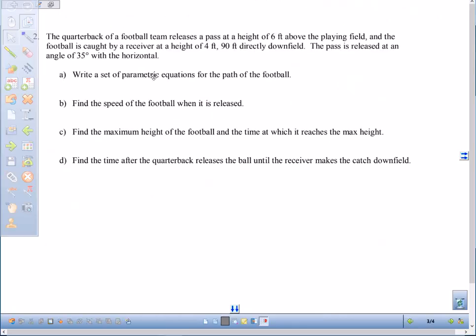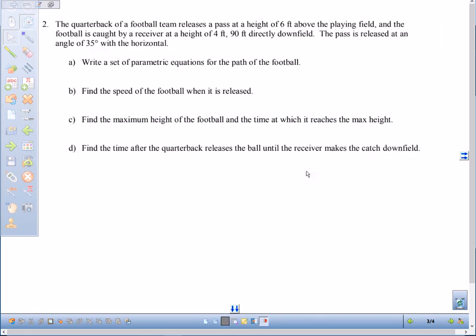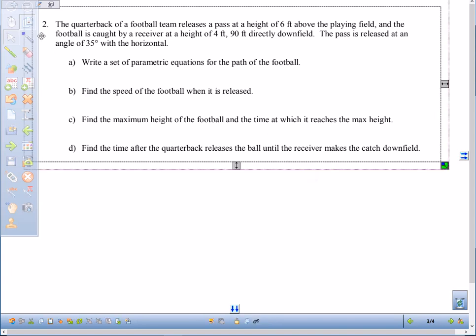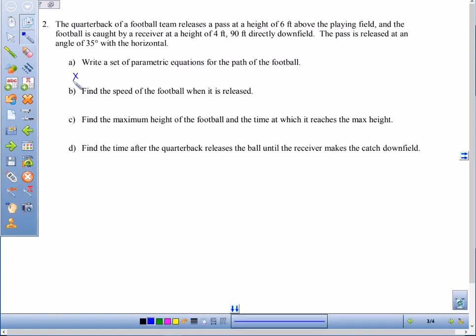Okay, so the first thing we want to do is set up our parametric equations. So, horizontal x with respect to time is, all right, oh no, I don't see anywhere in here where it tells us V naught. We don't have V naught, but we do have the angle this time, so we can do V naught cosine of 35 times t.